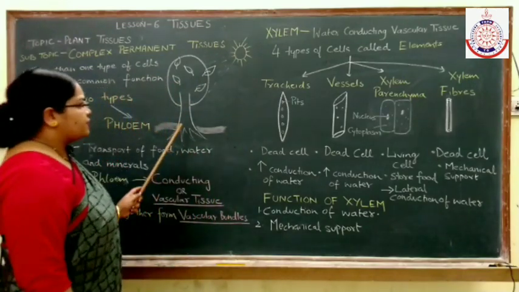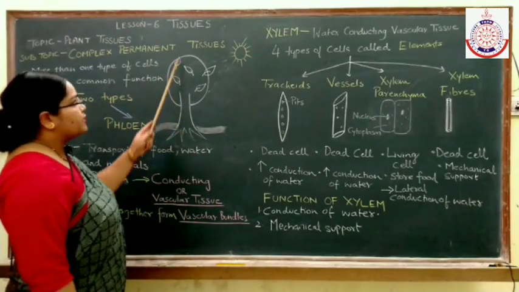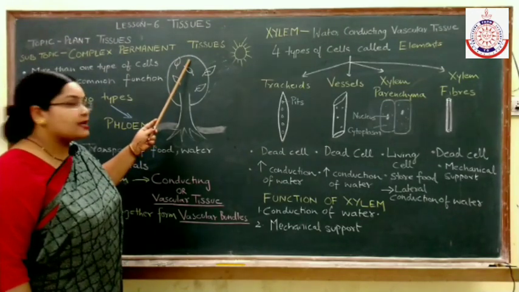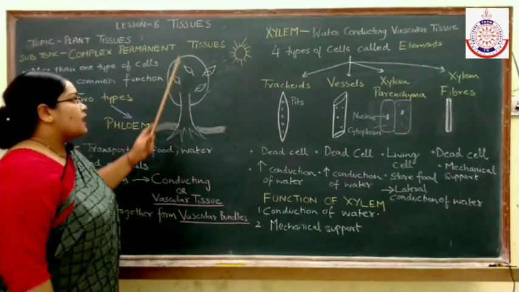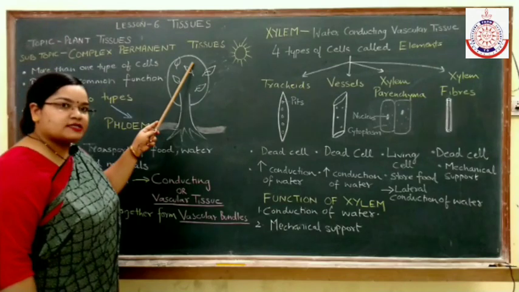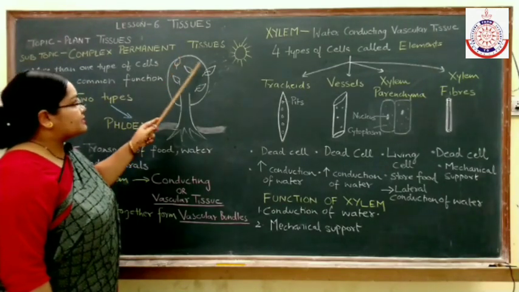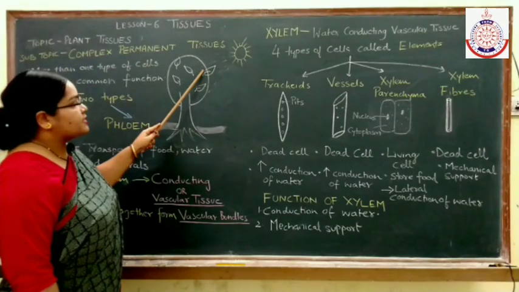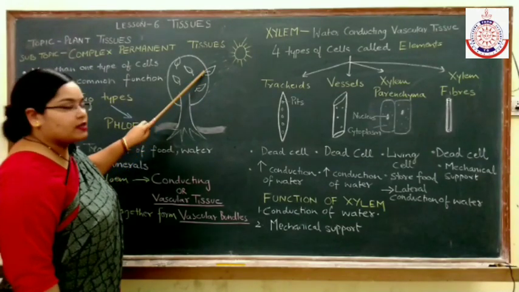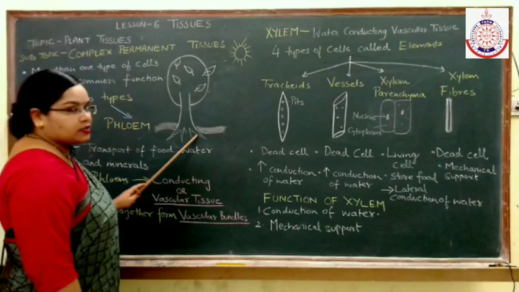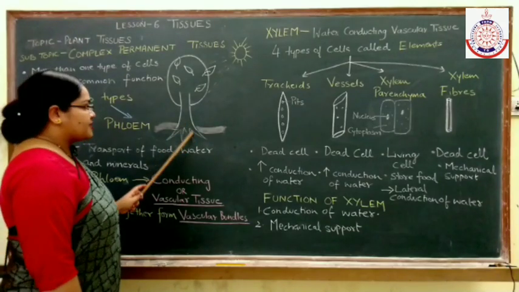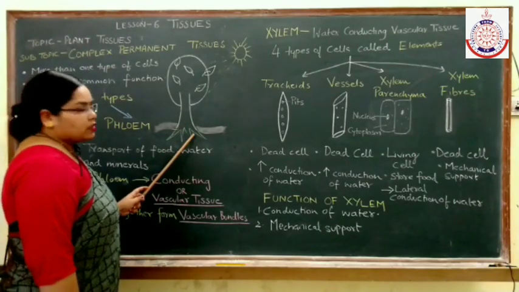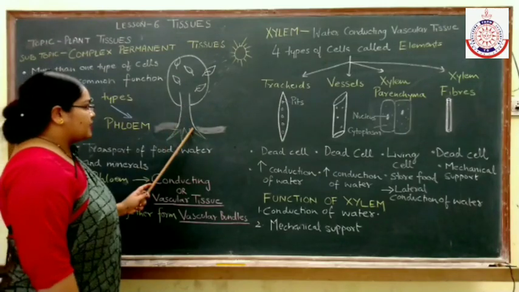In a tall tree, how is water transported to the leaves at the topmost layer, and how is the food synthesized by those leaves transported to the roots and other parts of the plant present below the ground or in the lower region?